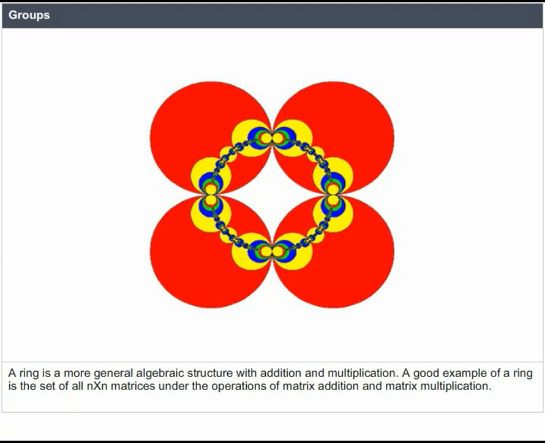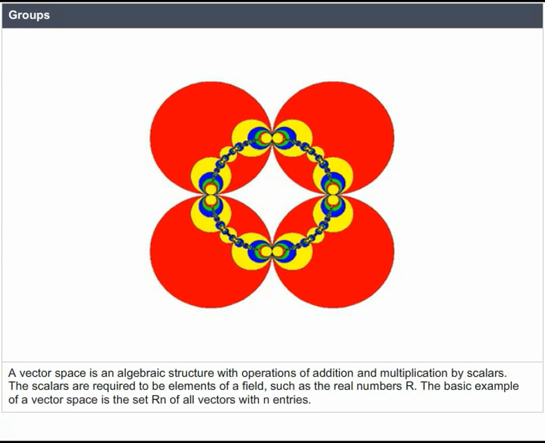A ring is a more general algebraic structure with addition and multiplication. A good example of a ring is the set of all n×n matrices under the operations of matrix addition and matrix multiplication. A vector space is an algebraic structure with operations of addition and multiplication by scalars. The scalars are required to be elements of a field such as the real numbers R. The basic example of a vector space is the set R^n of all vectors with n entries.